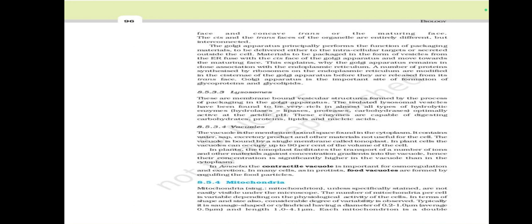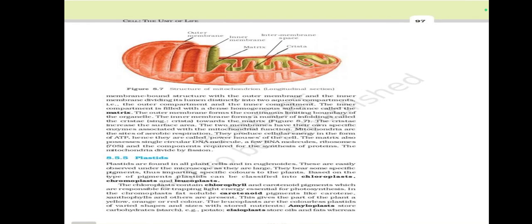Each mitochondrion is a double membrane-bound structure, with the outer membrane and the inner membrane dividing its lumen distinctly into two aqueous compartments, that is, the outer compartment and the inner compartment. The inner compartment is filled with a dense homogeneous substance called the matrix.